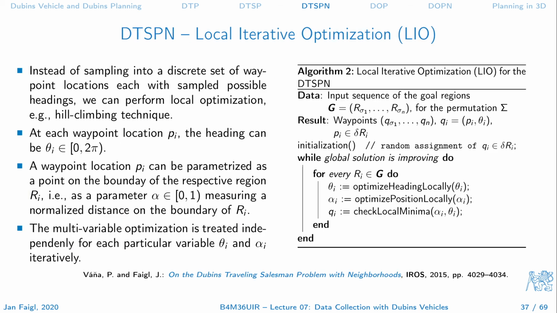Or as an alternative, we can actually utilize this local iterative optimization, which basically assumes that we have a sequence of goal regions, and then we iterate, and for each iteration we independently optimize headings and positions, and we then check the local minima. So we have some loop over the regions, so we first optimize the heading, so we have some location and we optimize the heading.